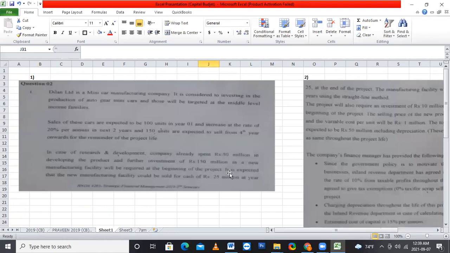Next, they said it is expected that the new manufacturing facility could be sold for cash of rupees 25 million at year 25, at the end of the project. So the end of the project is year 25, and the scrap value is 25 million. So the cash inflow in the last year, year 25, is 25 million.